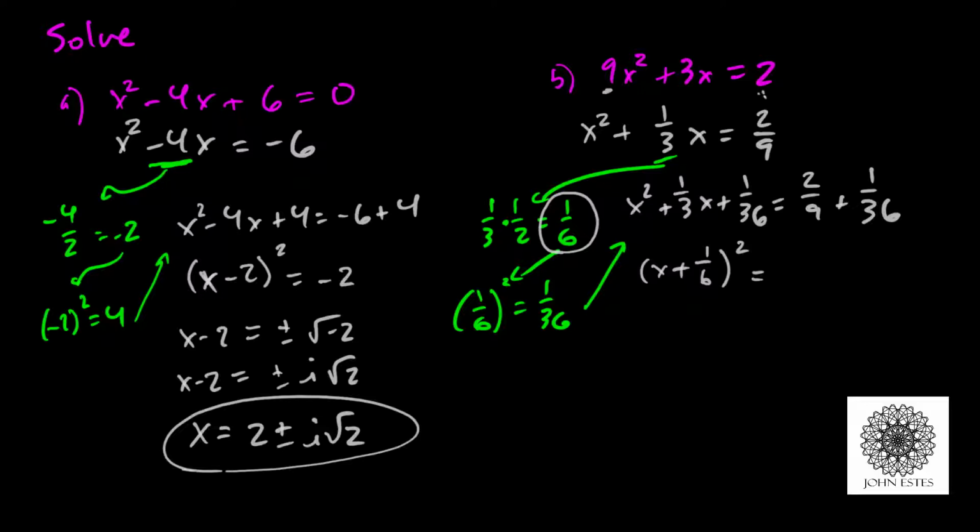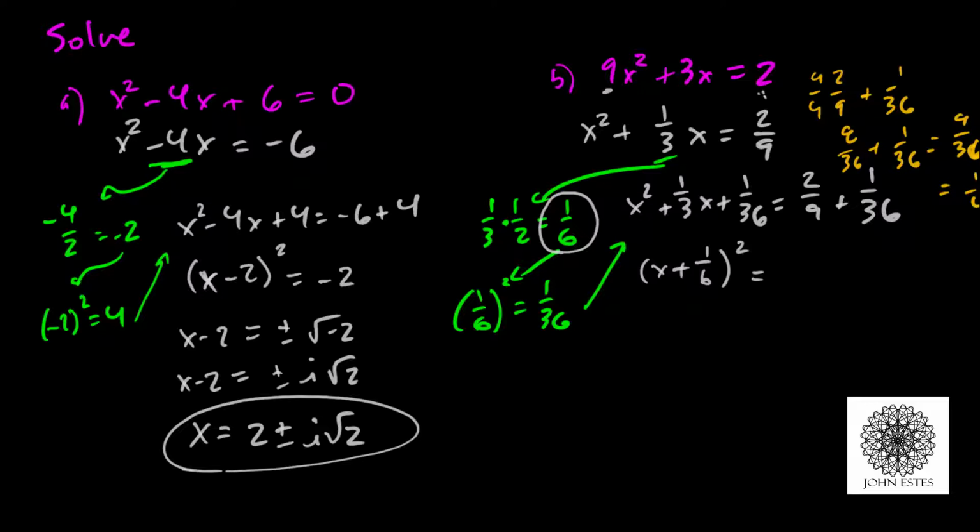Okay, now on the right hand side, we have to do a little bit of scratch work because we have these fractions. So just to review how to do that, you get a common denominator. So I need to multiply the 2 ninths by 4 over 4 to get the 36ths. Okay, so that's going to end up being 8/36 plus 1 over 36, which ends up being 9 over 36, which ends up being 1/4.